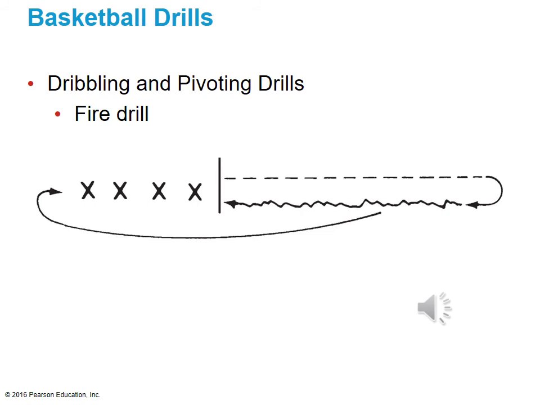Do they give a destination or how far apart? They really don't say in the book. So you'll have to use a little bit of common sense and maybe start close at first, and then you could always have them dribble a further distance away. So this is an example of a dribble and pivot drill where you're combining 3 skills: dribbling, pivoting, and passing, come to think of it.